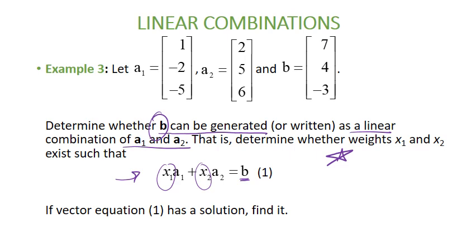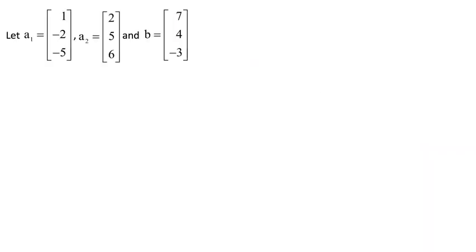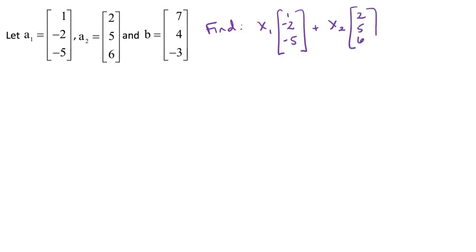Okay, so here we go. Here is the question, and what we want to do is find the x1 that we multiply by a1 and add it to the x2 multiplied by a2 to get b, which is this matrix here.